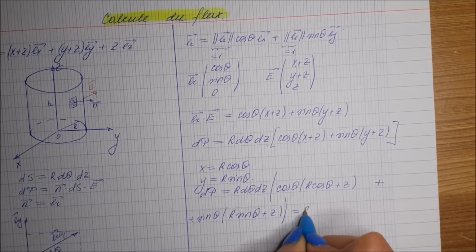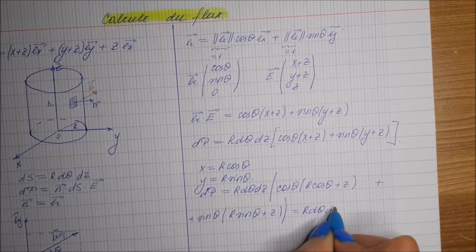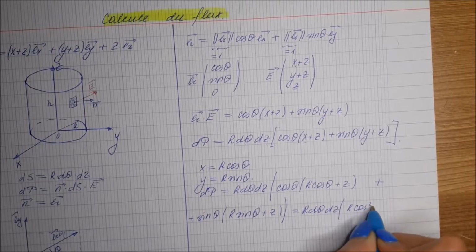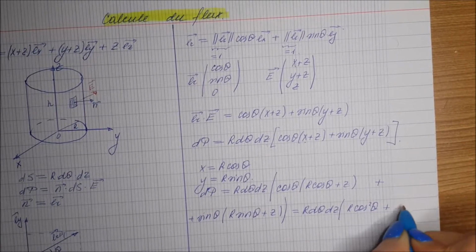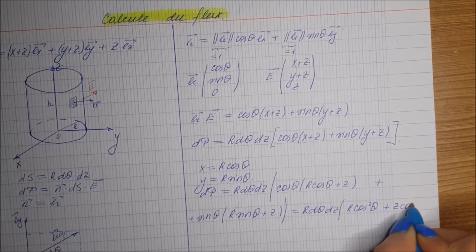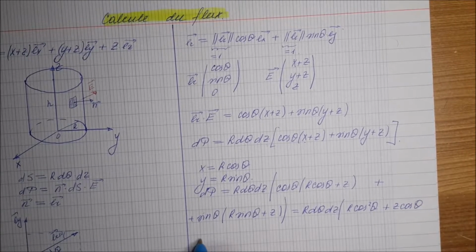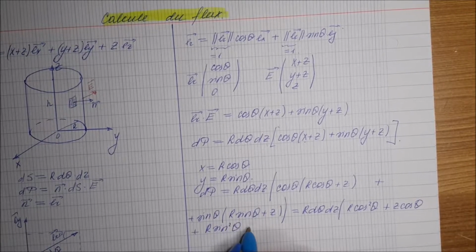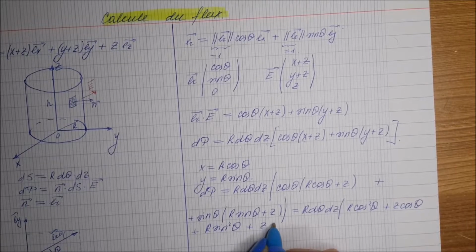I will rewrite: r d theta dz, (r cosine squared plus z times cosine) plus (r sine squared plus z times sine).